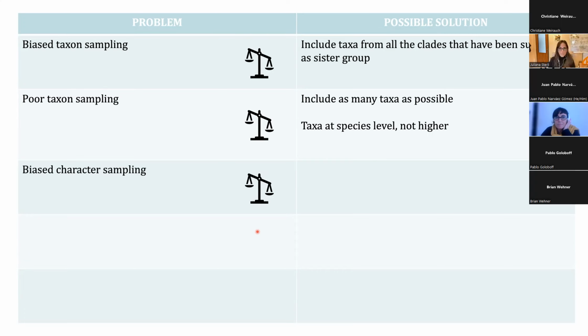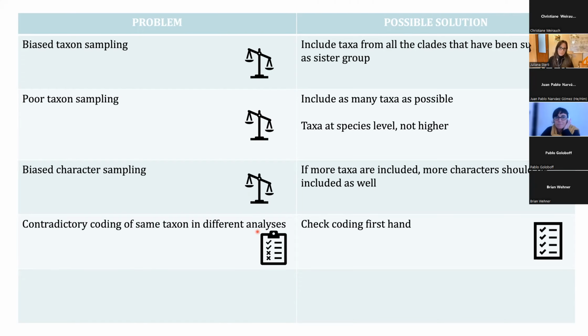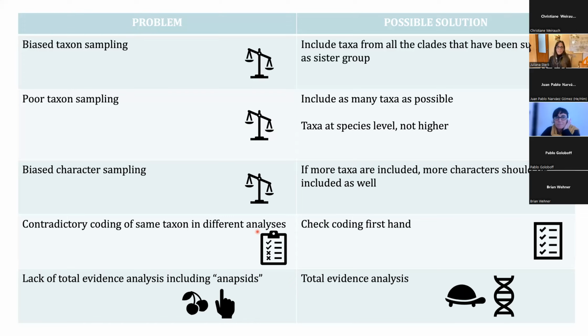So maybe they are just scoring chimeras. If more taxa are included, more characters should be included as well. And of course, we need to check the codings firsthand because, as I was saying before, there are some contradictory scorings. And we need not only to include morphology or molecules, but we need to do it in a total evidence approach.